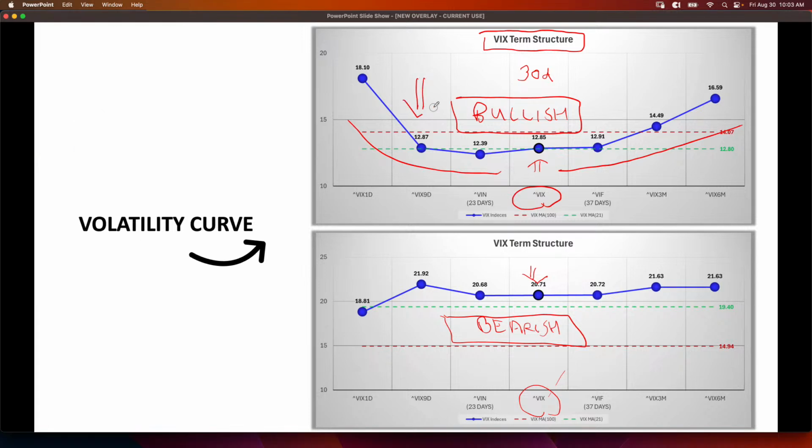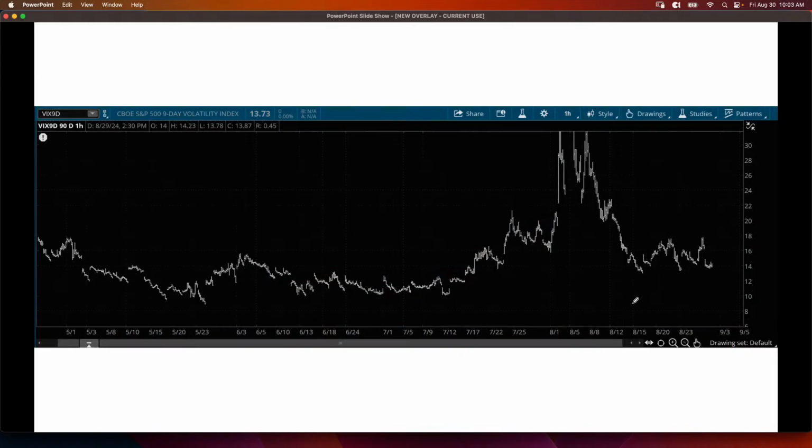When the risk is low, markets trade higher. When the risk is high, markets trade lower. And that's why we use VIX term structure. Extremely powerful. So let's talk about the VIX 9D. A 9-day measure of volatility.